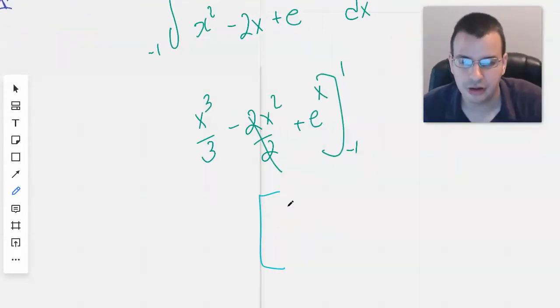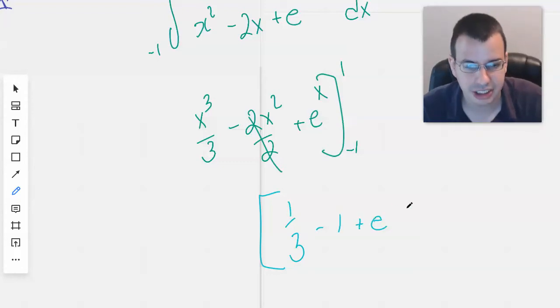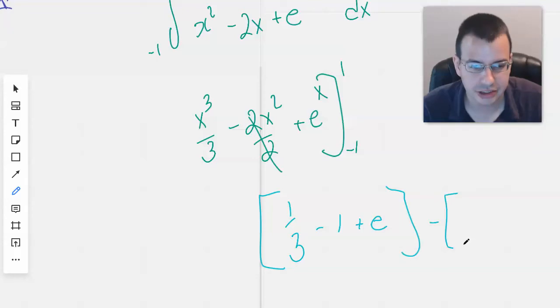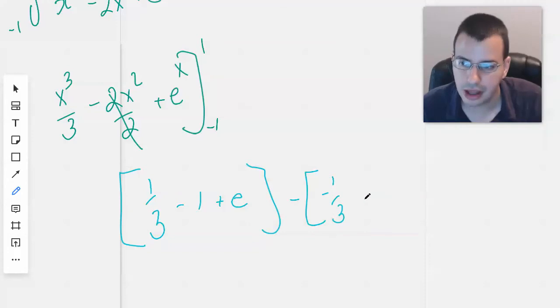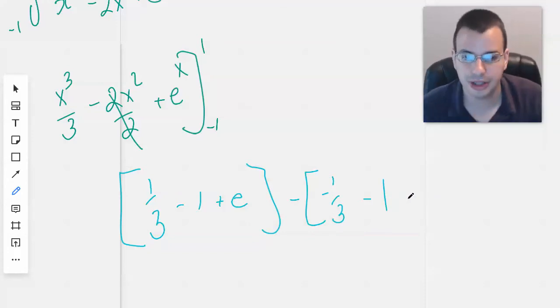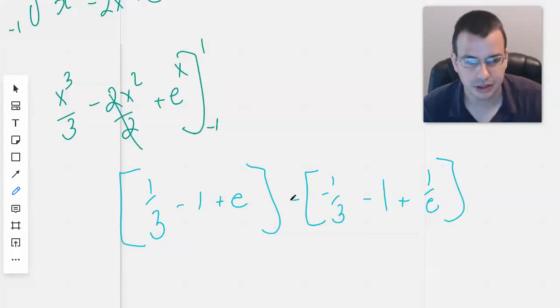So we have 1/3 minus 1 plus e minus, now we have negative 1 to the third is negative 1/3 minus positive 1, because negative 1 squared is going to be positive 1, plus, and then e to the negative 1 will be 1 over e.